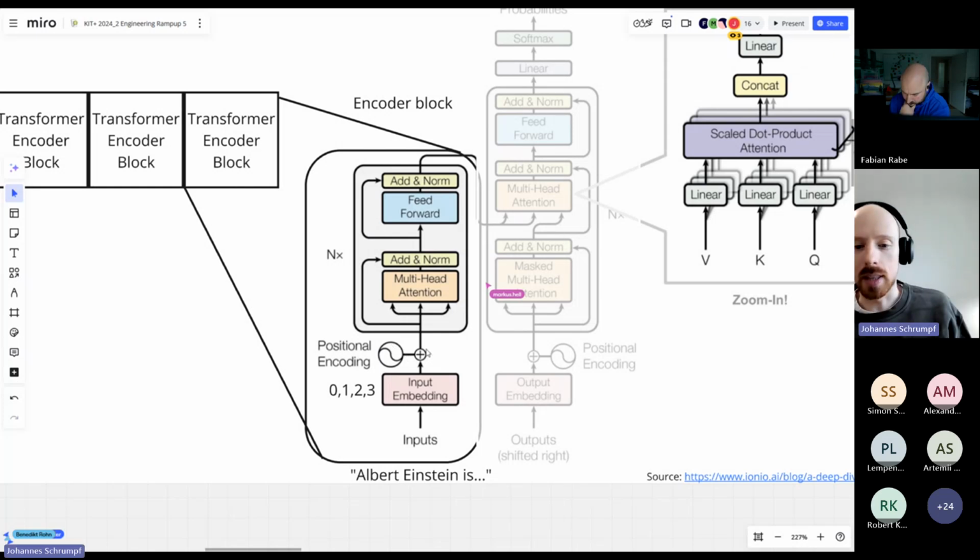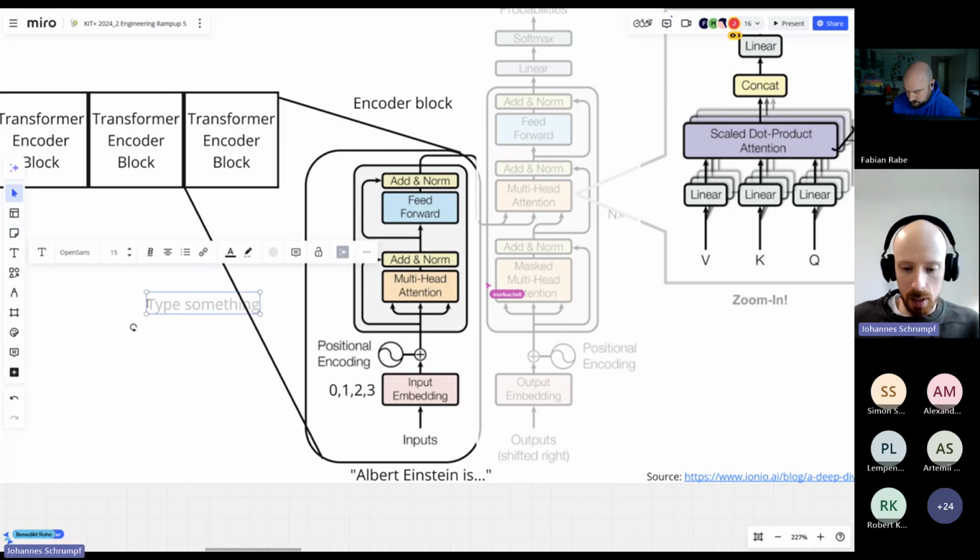Okay, so then the text, in numerical form, gets passed into a so-called multi-head attention block, and we leave this as a black box and look at it in the next step. This multi-head attention block then delivers an output. This output gets added and normalized with the raw input here.